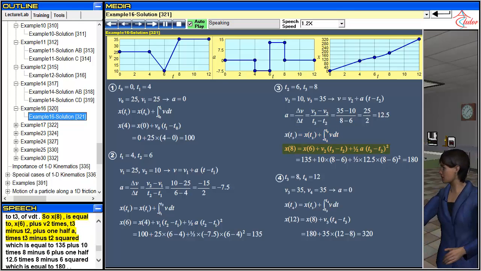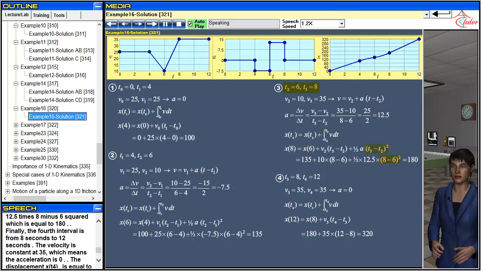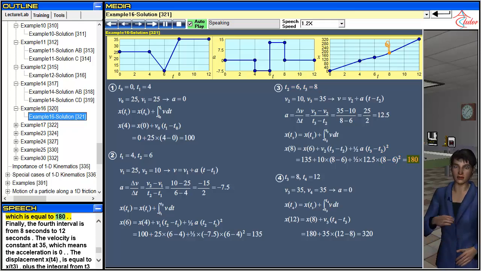So x at time 8 is equal to x at time 6 plus v2 times (t3 minus t2) plus 1/2 a times (t3 minus t2) squared, which is equal to 135 plus 10 times (8 minus 6) plus 1/2 times 12.5 times (8 minus 6) squared, which is equal to 180.